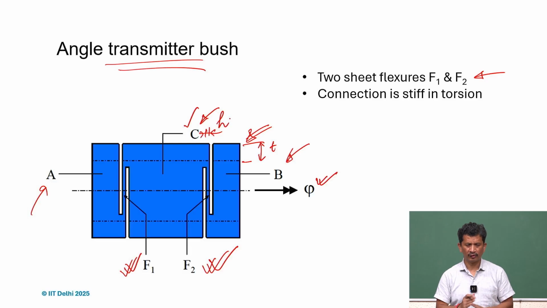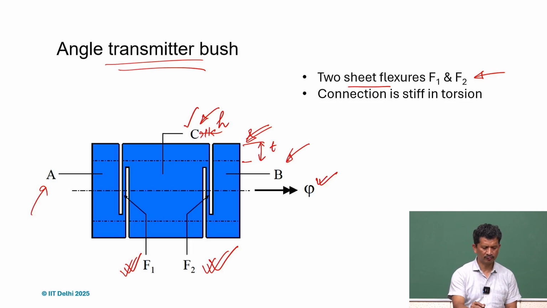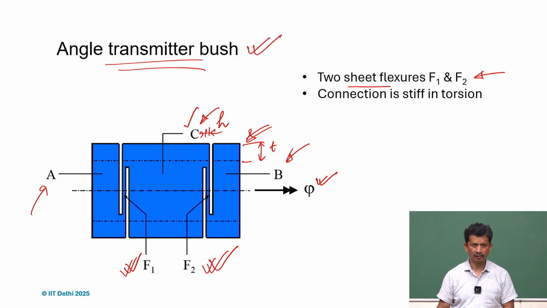So it's more or less like two sheet flexures, and we get a very good flexure which is constrained in rotation, and it can be used for angle transmission.